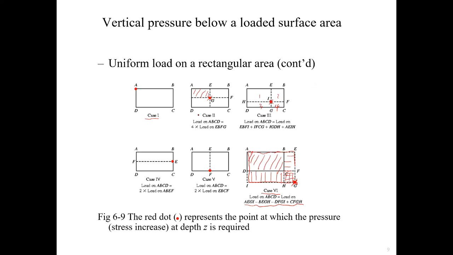So case 3 and case 4 are really important cases, because all the other cases, case 1, 2, 5, 6, are very simple. You only calculate one case, or times 2, or times 4, that's it. But for case 3 and case 4, the loading areas are different, so you have to calculate separately and do the mathematical calculation later on.